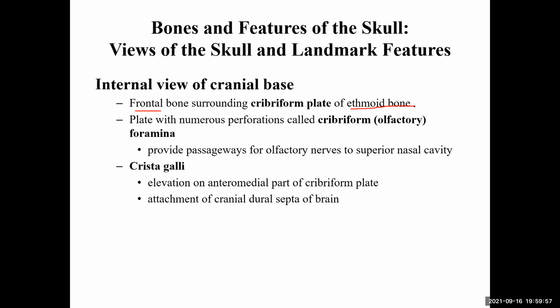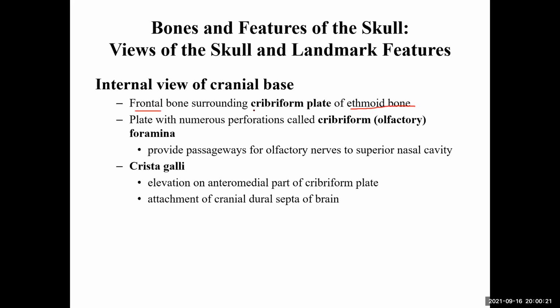Okay, so that's what it basically is. The ethmoid bone sits in the middle of the frontal bone on this view, like an island in the ocean. And just around where the ethmoid bone is, we have this structure called the cribriform plate.